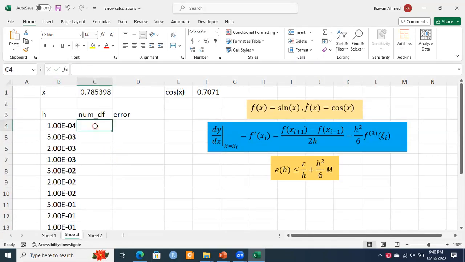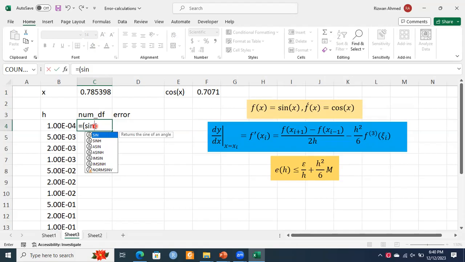Now I compute the derivative approximation. So it will be equal to f of x. So I have to compute sine of x plus h. I can pick up the x value from C$1. So it has been highlighted and picked from the respective cell, plus the h value from B4.